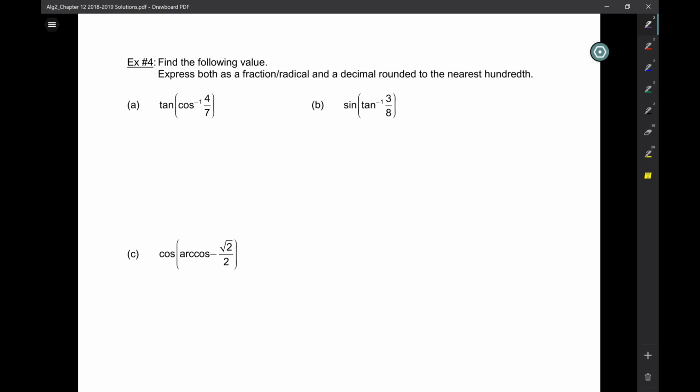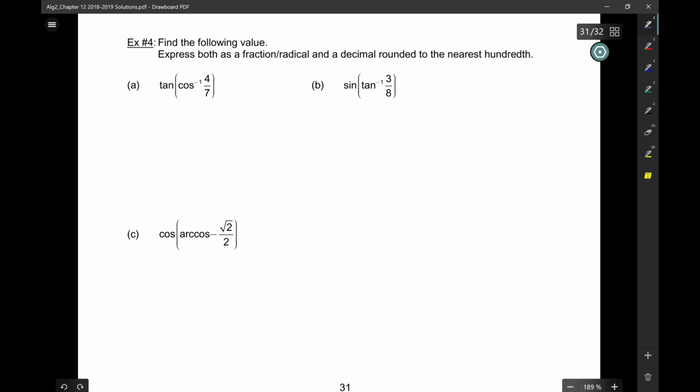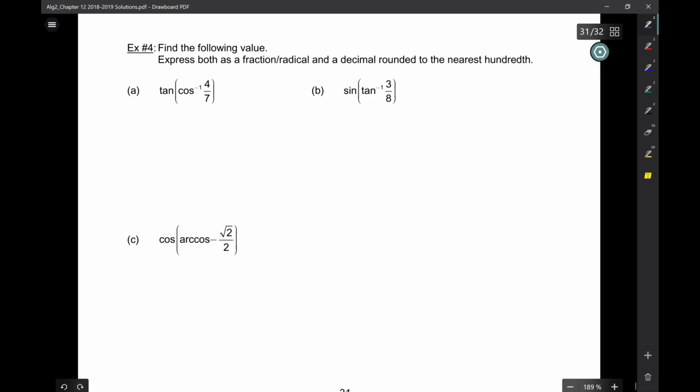All right. Okay, so for this one, here's what we're going to do. It asks us for the tangent of the inverse cosine of 4 over 7. You have an outside function and an inside function, right? So what we do is start with the inside and draw a triangle.